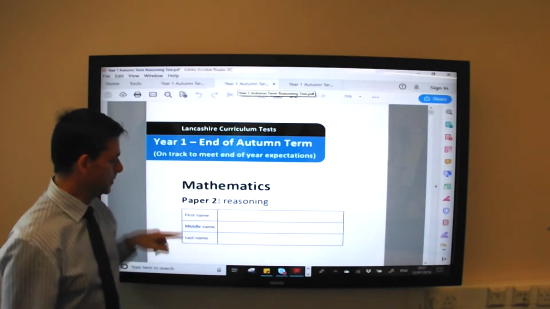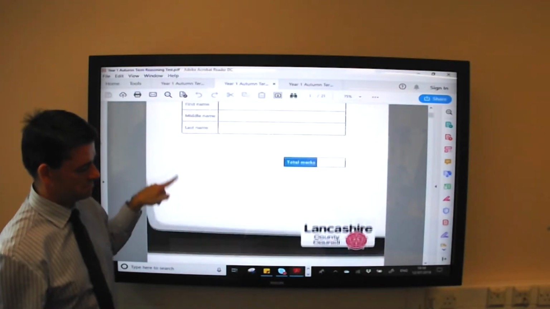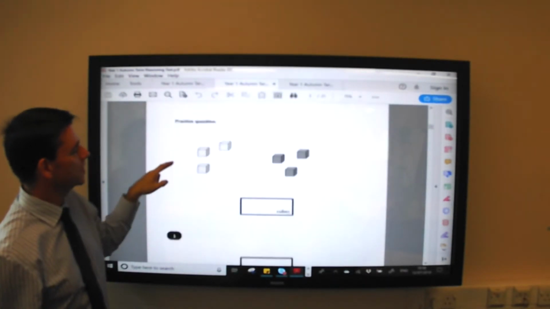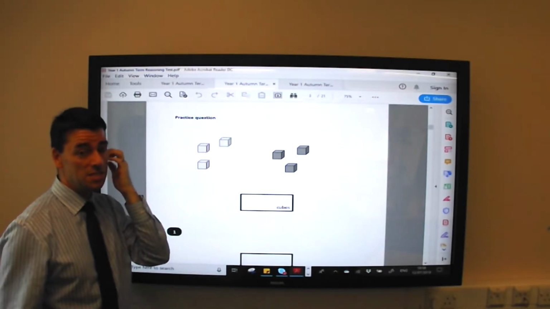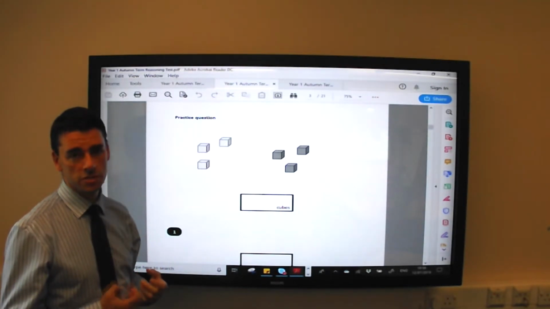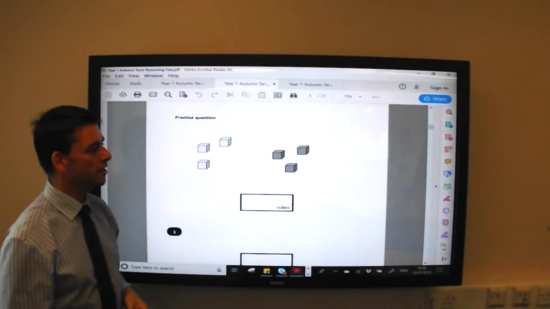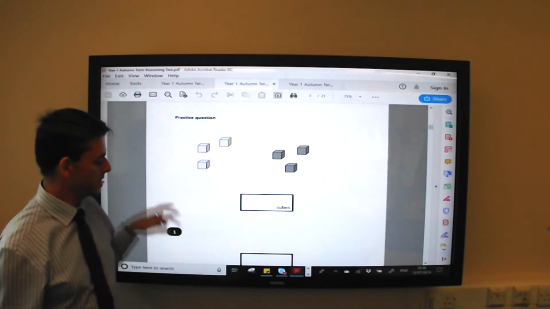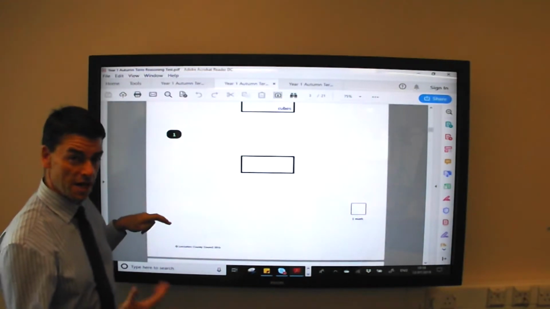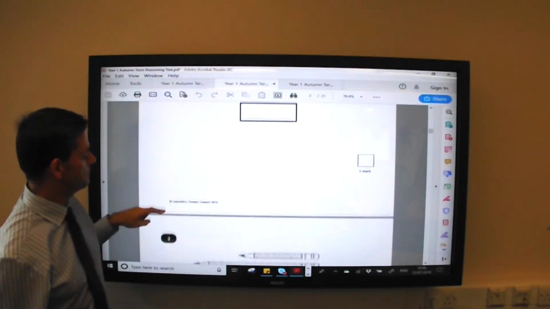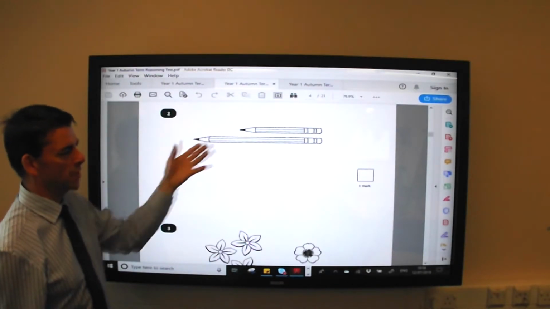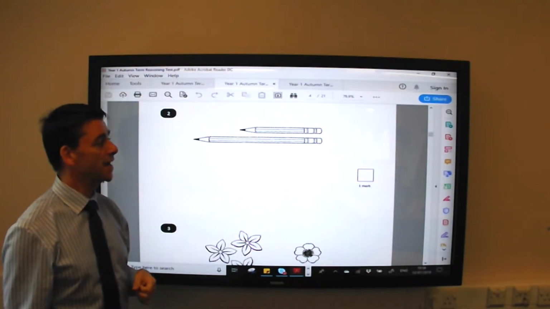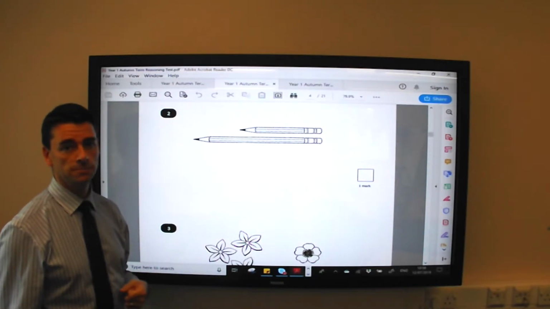The reasoning paper is presented in a slightly different way. So, practice question, but this is spoken to the children. It's an oral question that is delivered by the teacher for the children to answer on the paper. And that follows with the next 5 questions. So here, the teacher would say, tick or identify the longer pencil.